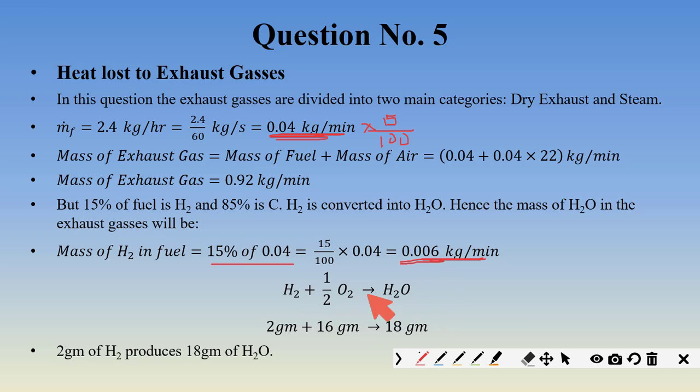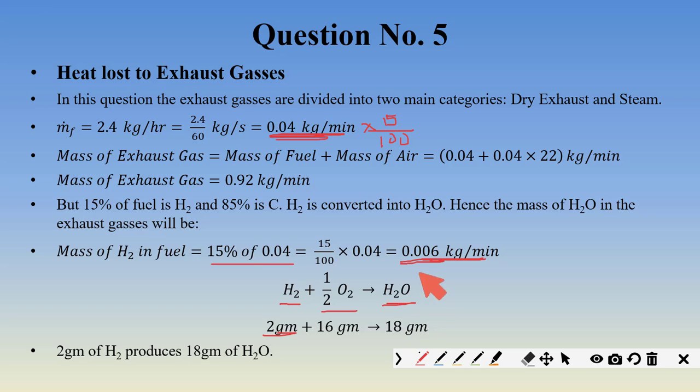What happens when hydrogen combusts? H2 reacts with half of O2 to form H2O. What is the molecular weight of hydrogen? 2. The atomic weight of hydrogen is 1 and there are 2 atoms in a molecule of hydrogen, so the molecular weight of hydrogen is 2.